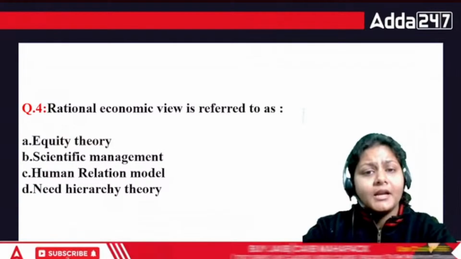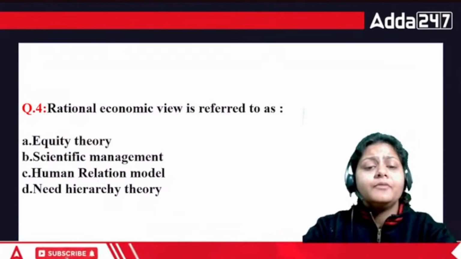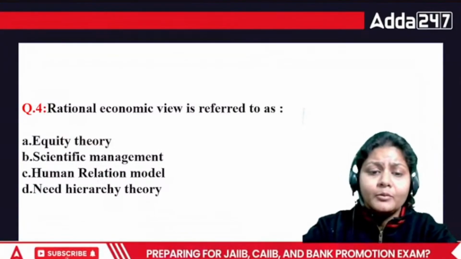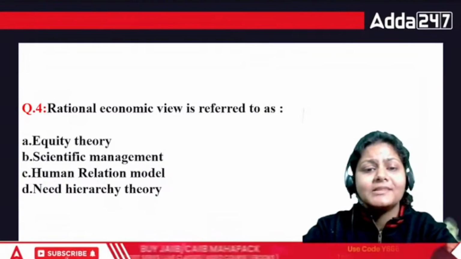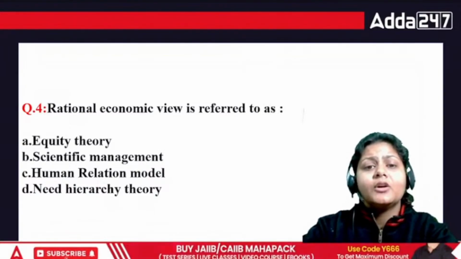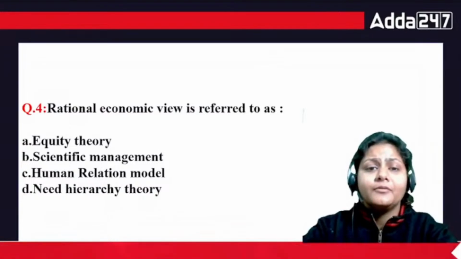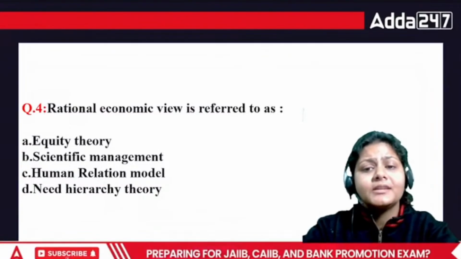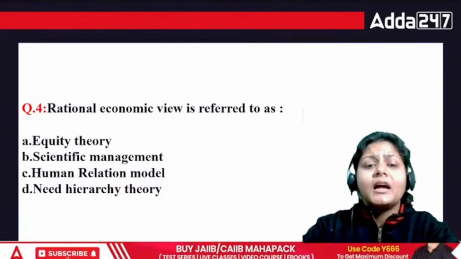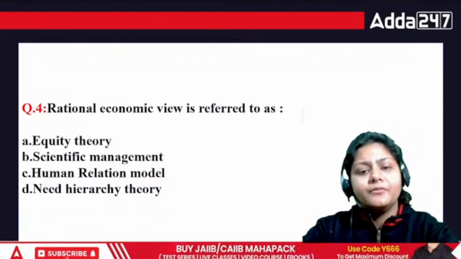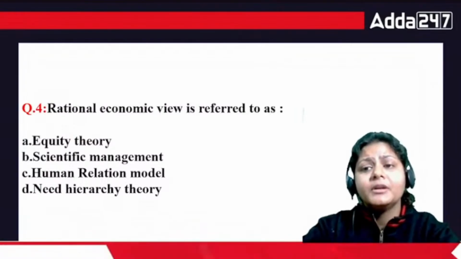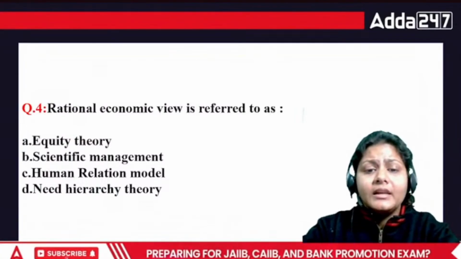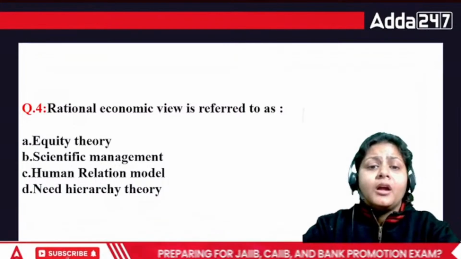We call it scientific management also, and we call it the rabble hypothesis also. So what is the rabble hypothesis and what is the meaning of the scientific management view? Rational economic view, that is scientific management. What is the meaning of this?